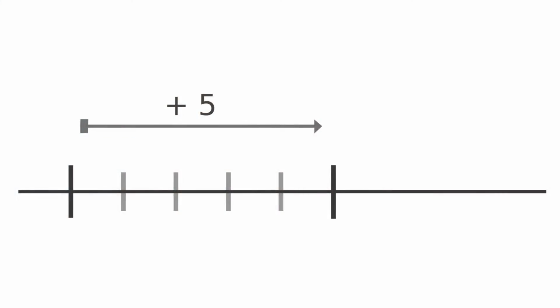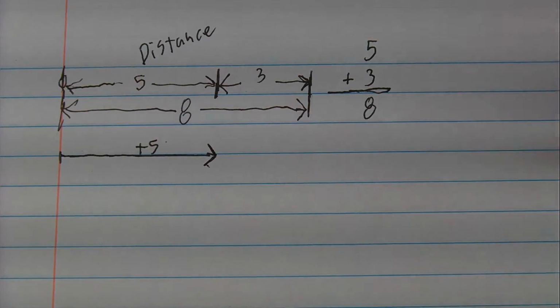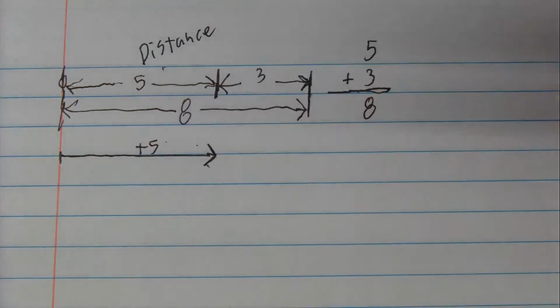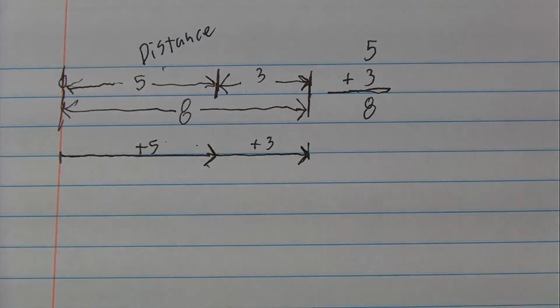That vector of 5 there, that's saying I'm going 5 in the positive direction. See, this is just 5. The direction doesn't matter. Here, that's a 5 with a direction. Plus a 3.